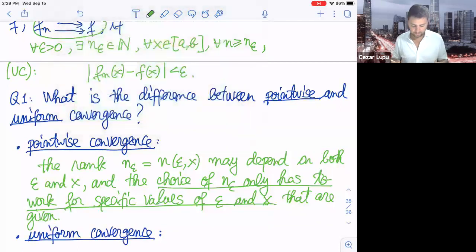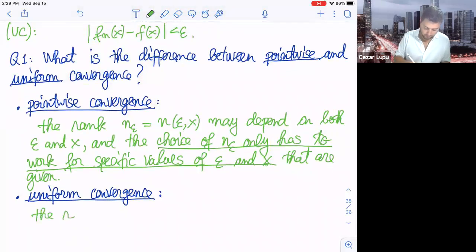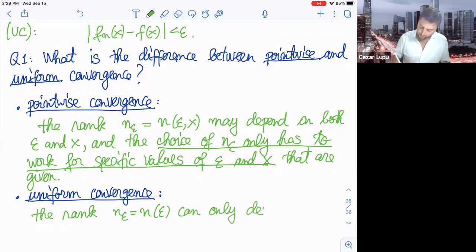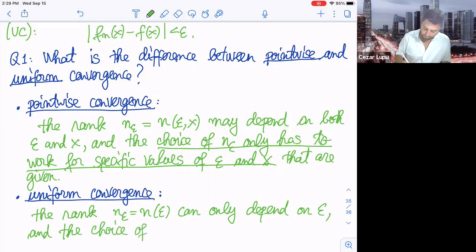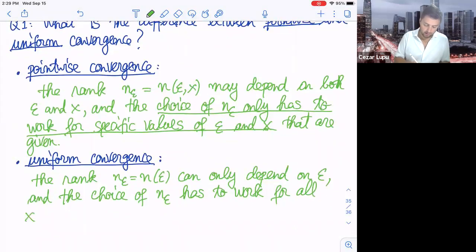The rank n epsilon, and I'm going to write it as n of epsilon, can only depend on epsilon. And the choice of n epsilon has to work for all values of x in AB.